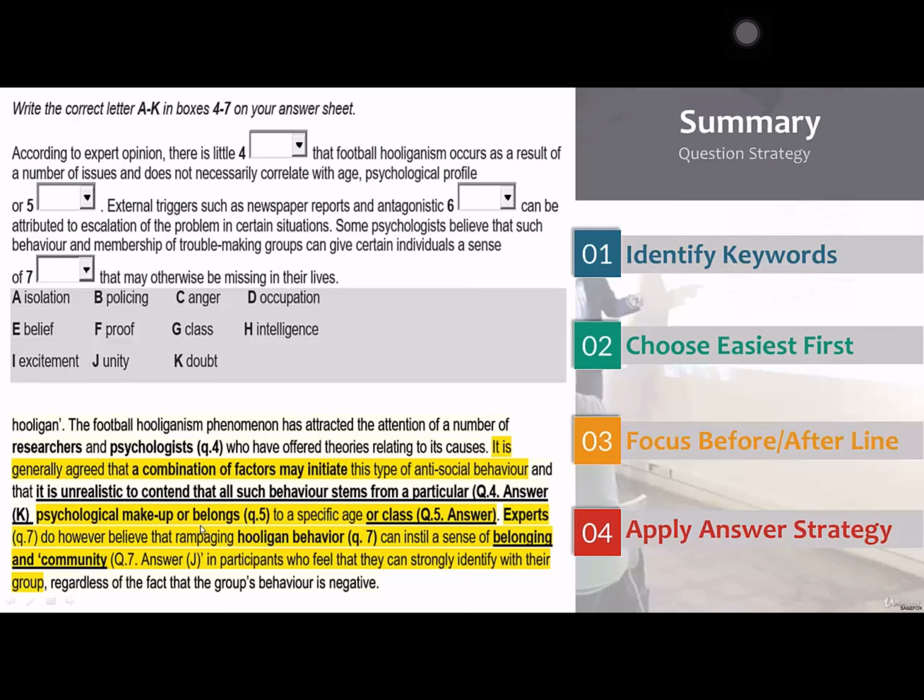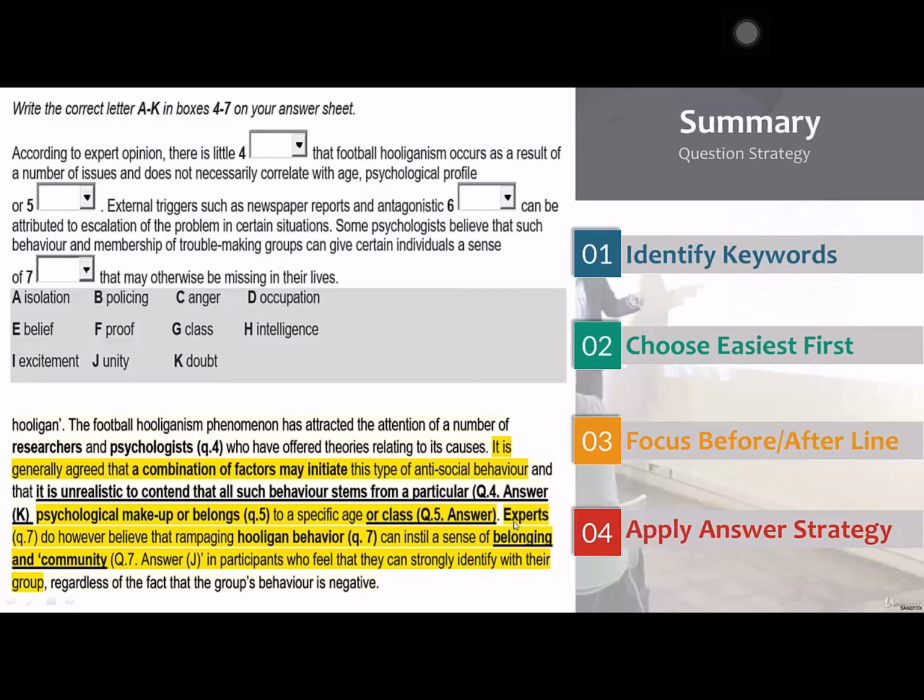And then if we look at the sentence, we can see it says, some psychologists believe that such behavior and membership of troublemaking groups can give certain individuals a sense of. And in the paragraph, it says experts do, however, believe that rampaging hooligan behavior can instill a sense of belonging and community in participants who feel they can strongly identify with their group.